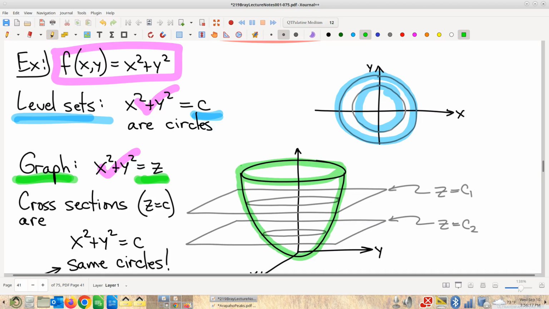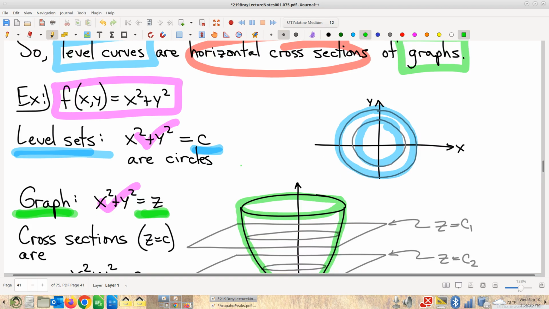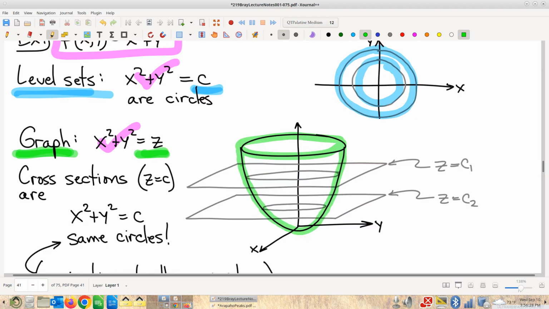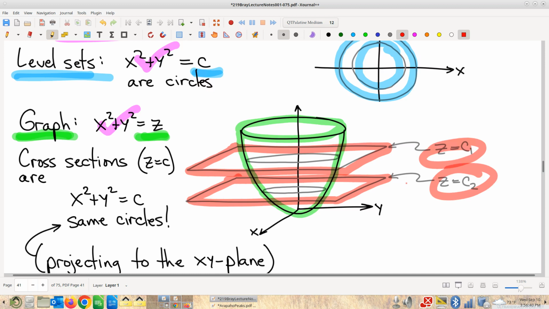Okay, so now let's ask, does this statement hold? This says that the level sets are supposed to be horizontal cross sections of that graph. Is that true? Well, if I take horizontal cross sections, just setting z equal to different constants, of that graph, lo and behold, indeed, you do get circles that look just like the level sets.